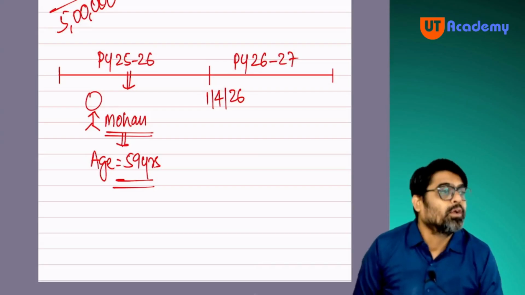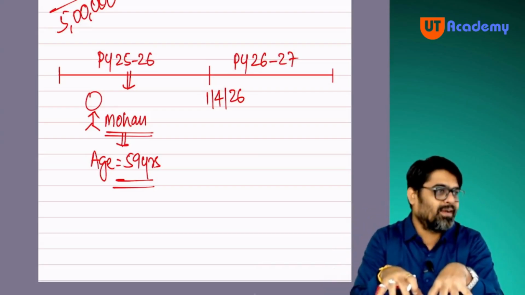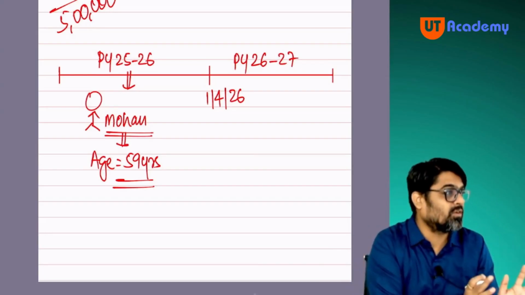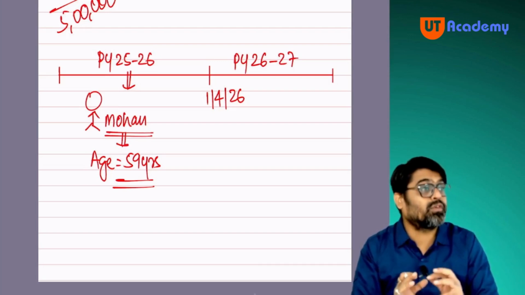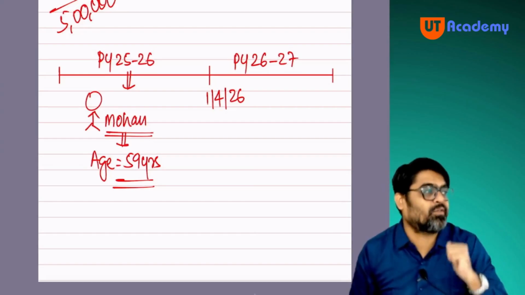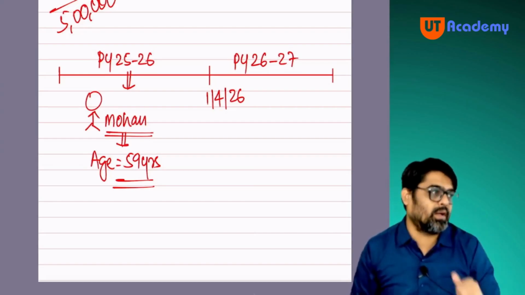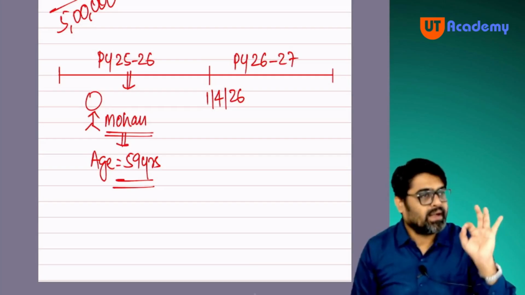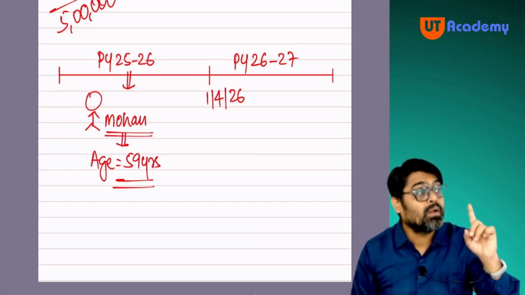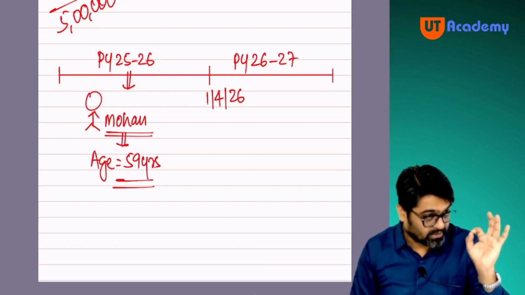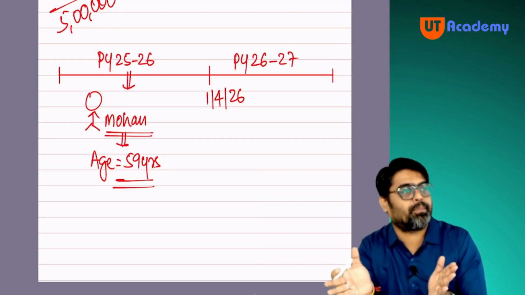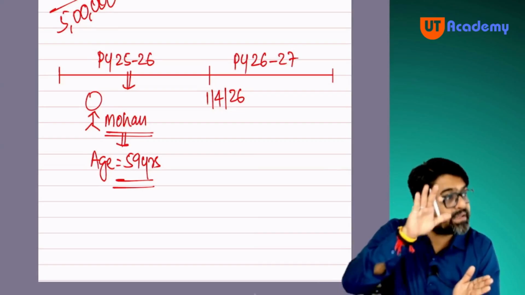Getting my point? So in the department only, there was ambiguity and confusion. Few officers were not accepting this, few officers were accepting this. So CBDT had to issue a clarification, a circular. And CBDT clarified that if any individual assessee is born on 1st April, he has completed his 60 years of age not on the next 1st April, but on the 31st March itself.